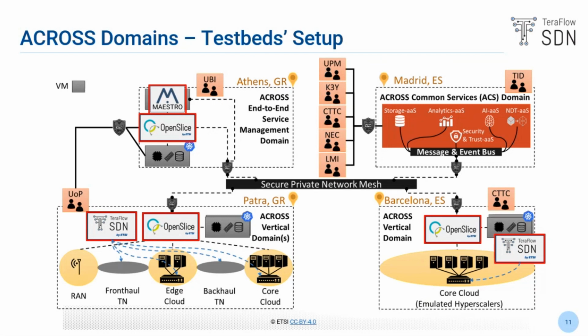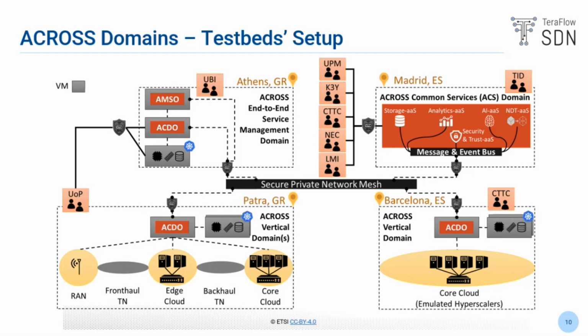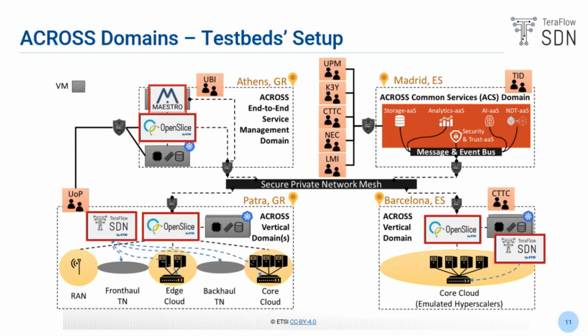So the cross-domain orchestrators, this ACDO acronym, will be realized by means of OpenSlice. Then the end-to-end orchestrator will be Maestro. Maestro is an orchestrator that is being developed by UBTech, and if I'm not wrong, as I was told, they are planning also to open source it at some point.